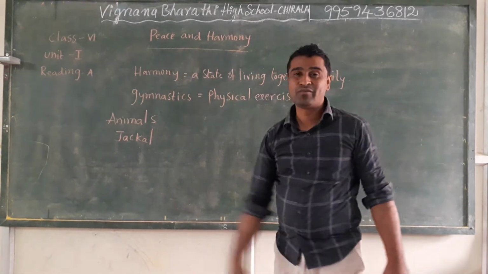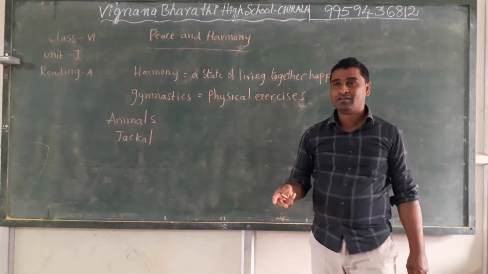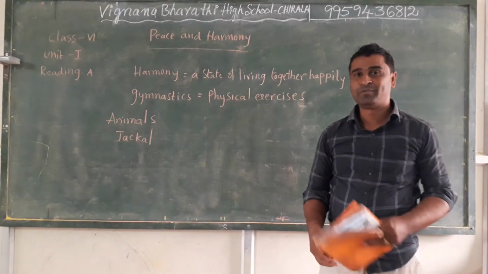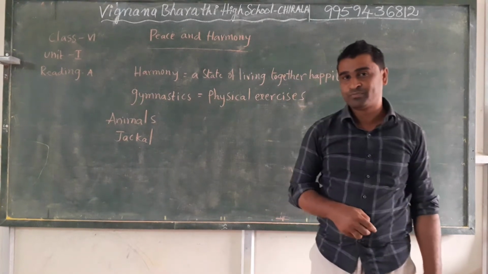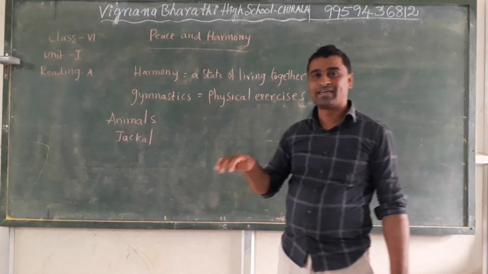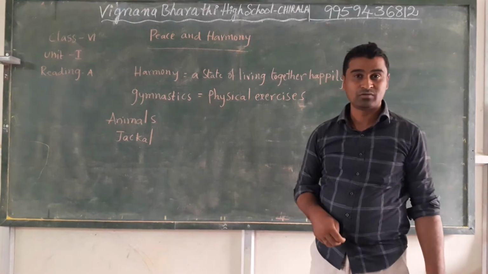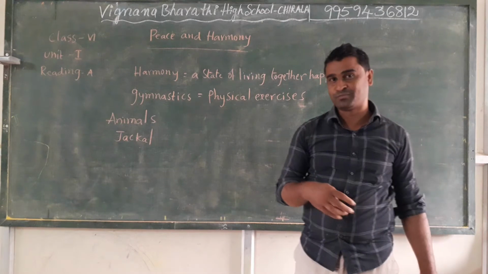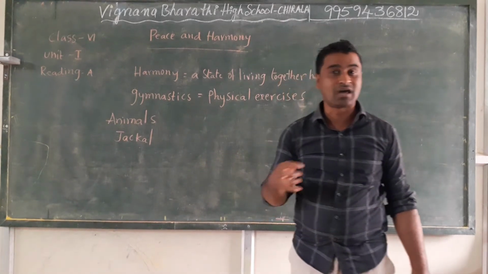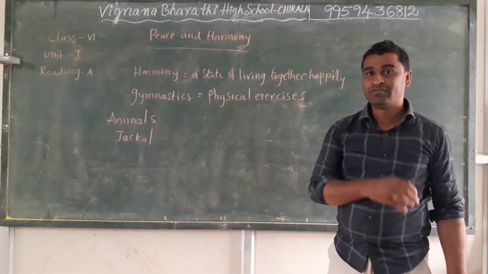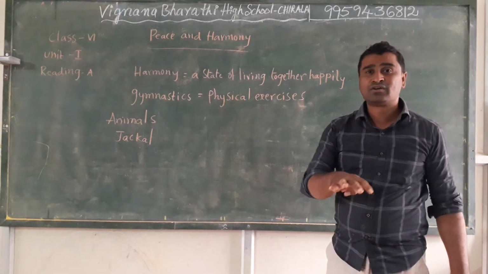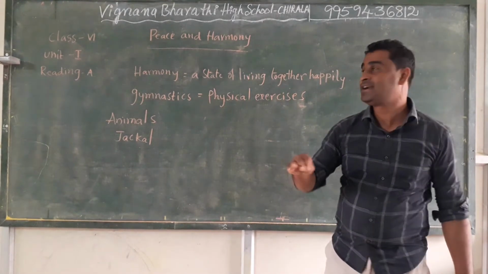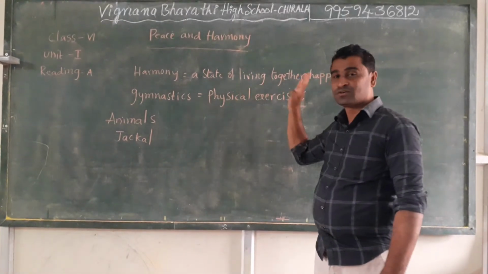Here, what is meant by harmony? There is a musical instrument called harmonium or piano. If you press together the keys of the harmonium or piano, they sound very melodiously, which means living together peacefully, having a state of happiness together.